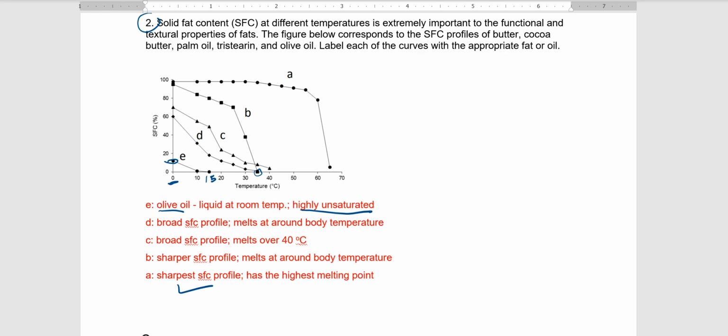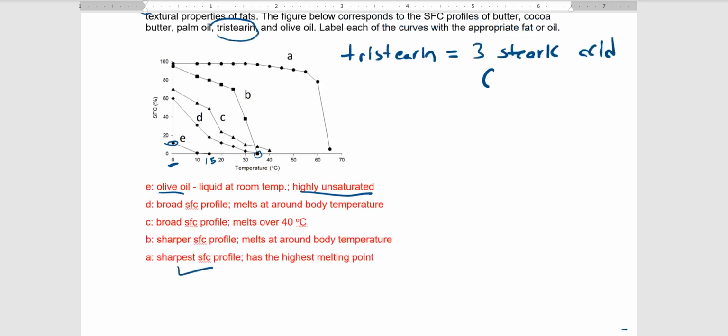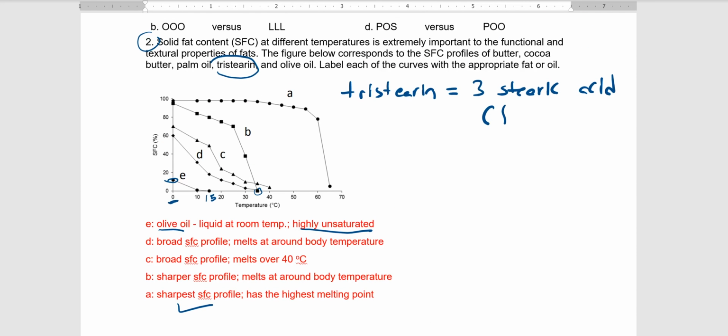So now here we see 3-stearine, composed of 3 stearic acids (18 carbon, 0 double bond), a long chain hydrocarbon and highly saturated. Then A must be the 3-stearine.